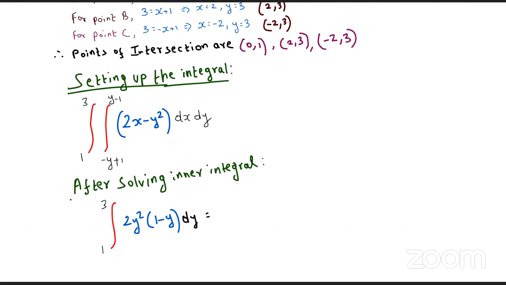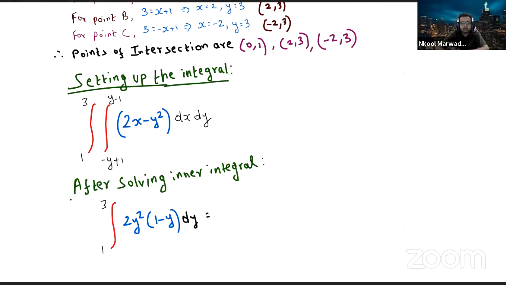Let us try this. It will become 2 by 3 y cube minus 1 by 2 y to the power 4, with the limits 1 to 3.